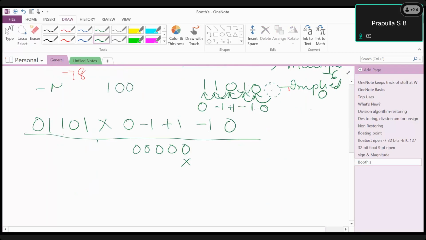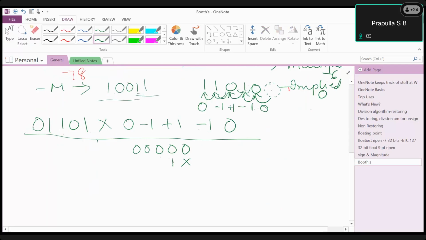So I'm writing -m equal to 10010 plus 1, so you'll get 10011. When you multiply the multiplicand with -1, it is as good as -m. So this is your -m value.